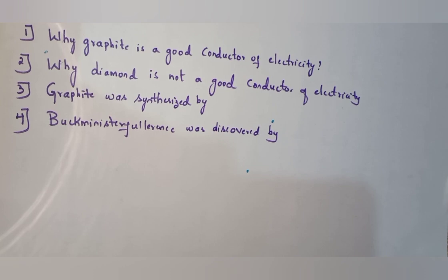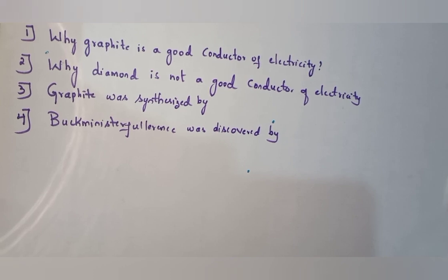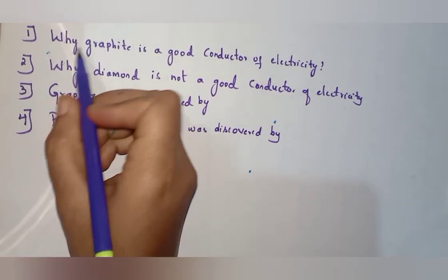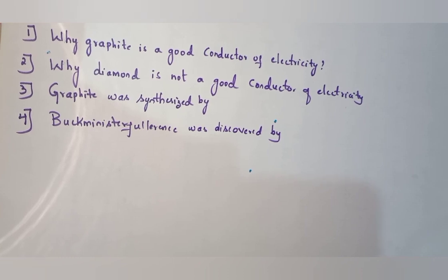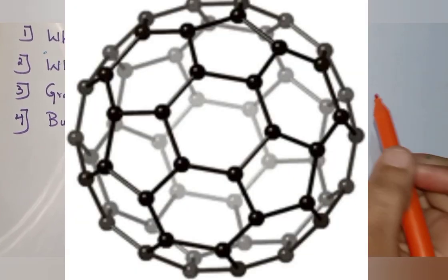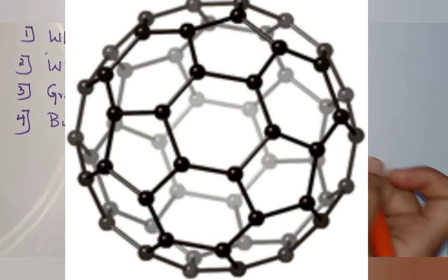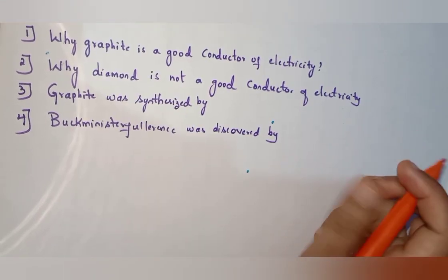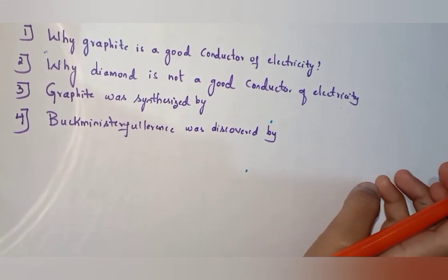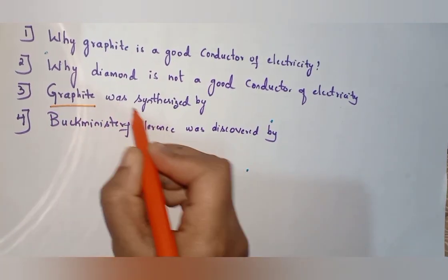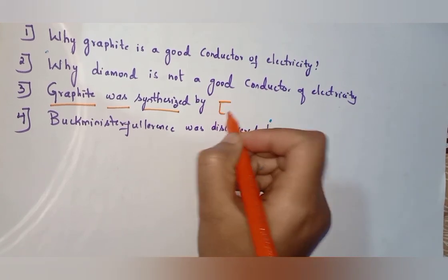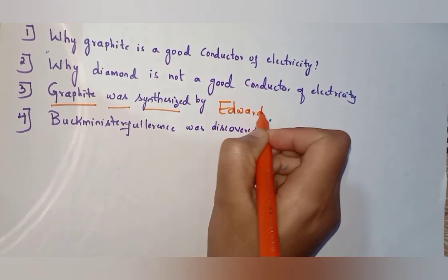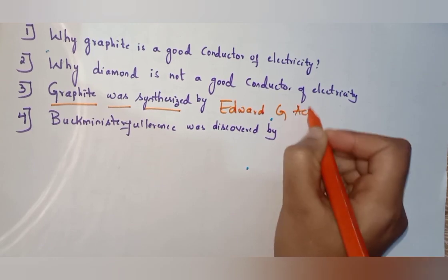Now let's study about the questions which can be asked in the exam. So now, why graphite is a good conductor of electricity? Because of a free electron. And why diamond is not a good conductor of electricity? Because there is no free electron in the diamond. And other question is, the graphite was synthesized by? It was Edward G. Aitken.